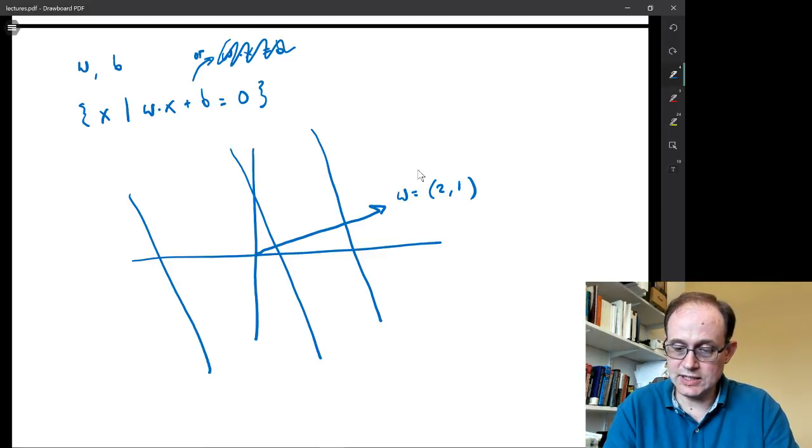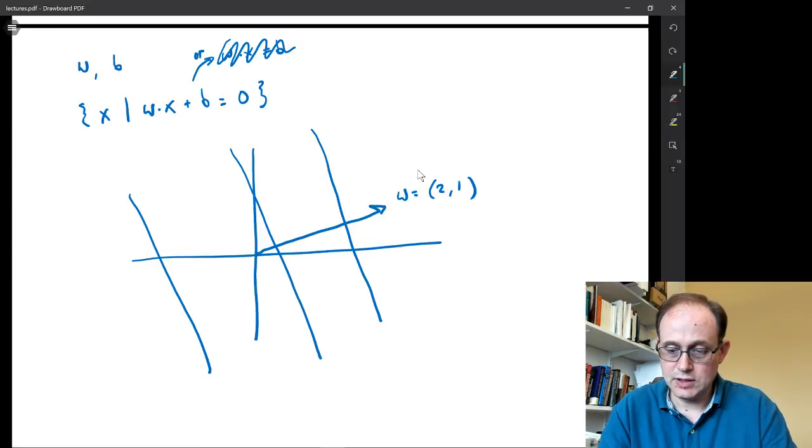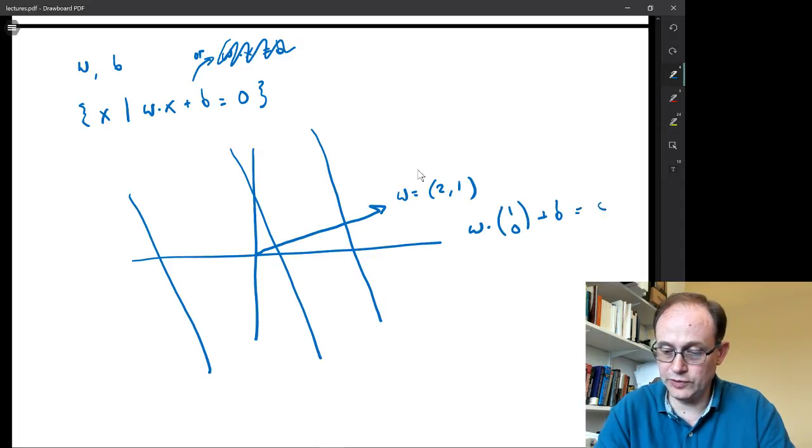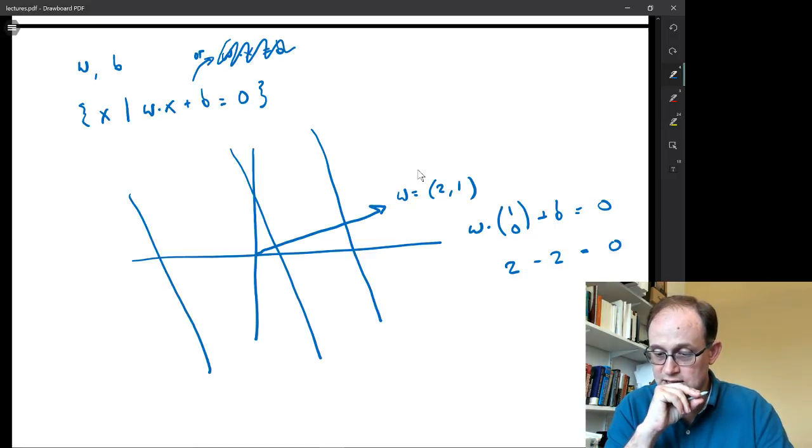So the way we do that is look at something like w dot (1, 0) plus b equals 0. Here w dot (1, 0) is 2, and so b has to be equal to -2.